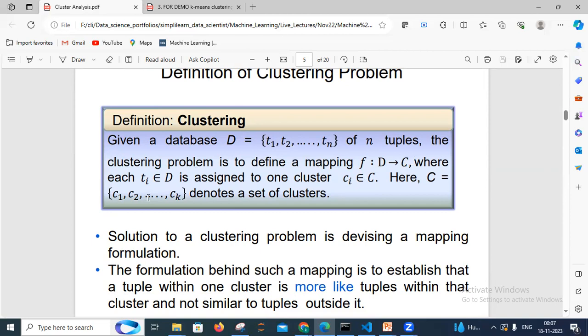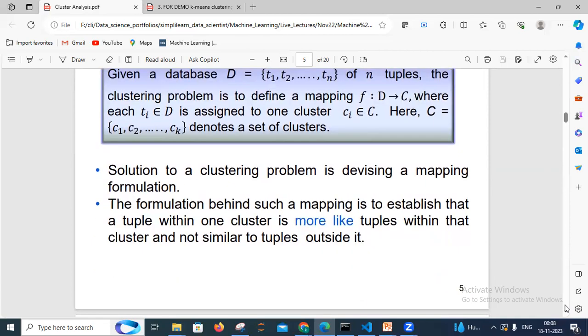And C equals C1, C2, up to Ck denotes a set of clusters. So this is the set of clusters. We have to first establish the definition. The solution of a clustering problem is devising a mapping formulation, right?